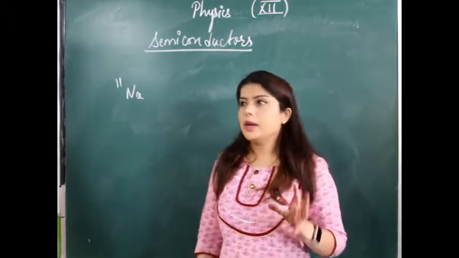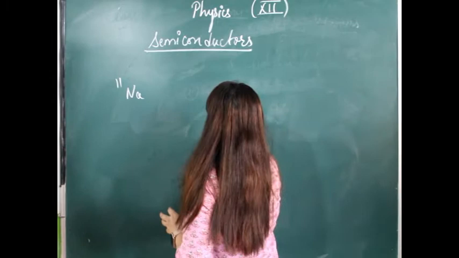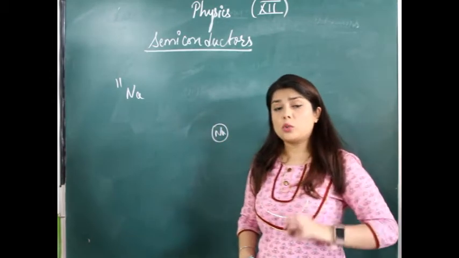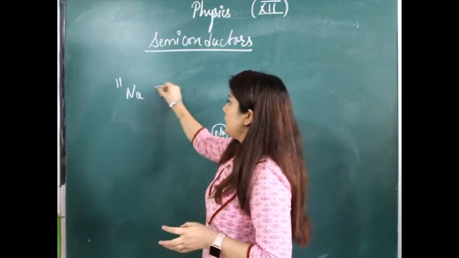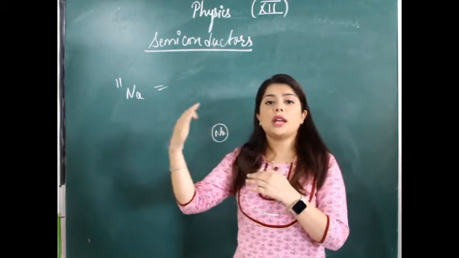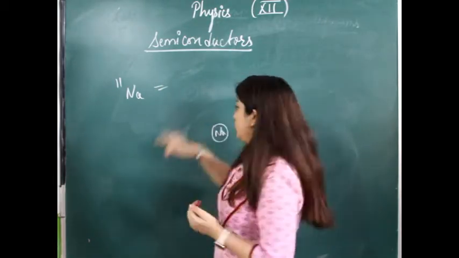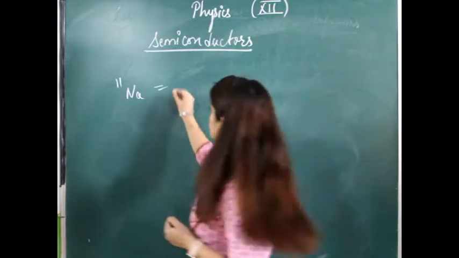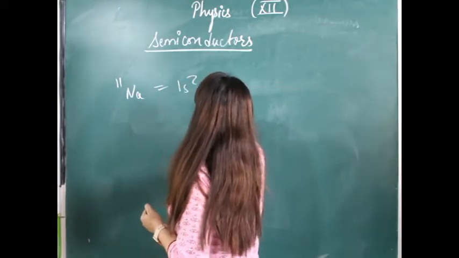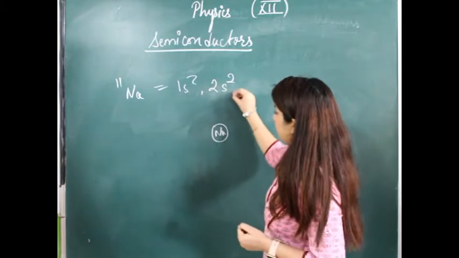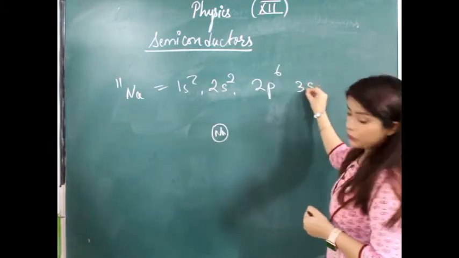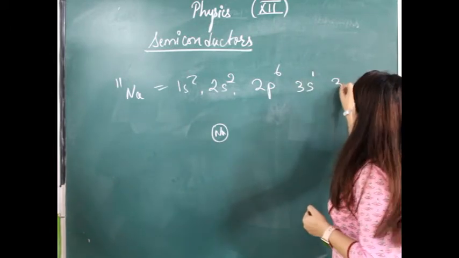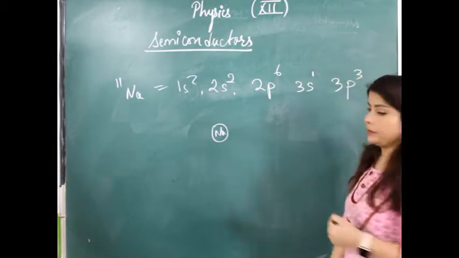In the center lies the nucleus, where the protons and neutrons are. The electrons are distributed in different bands, such as 1s2, 2s2, 2p6 and 3s1.